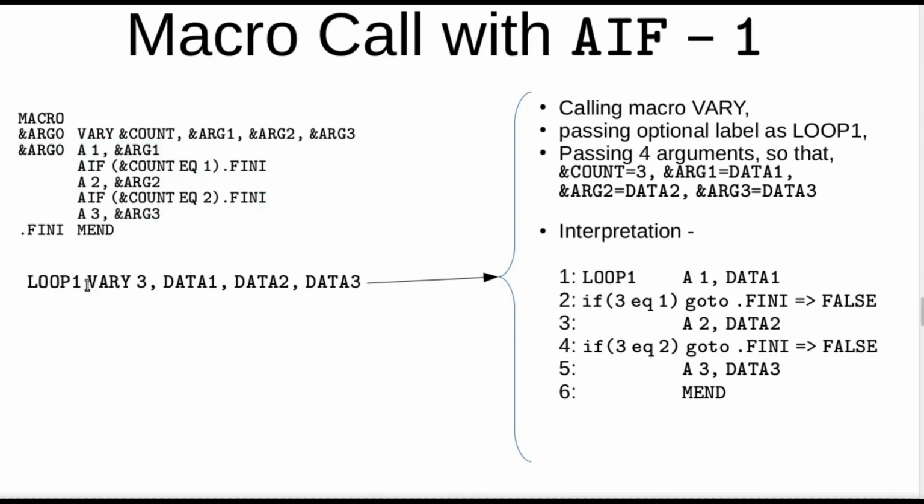Simply see, loop 1 has been mentioned here during macro call. We had already mentioned loop 1 for the positional dummy argument arg0 for the first instruction. So while interpreting, we can simply use it to refer to the first instruction, loop 1 followed by the instruction, right? Very simple thing.